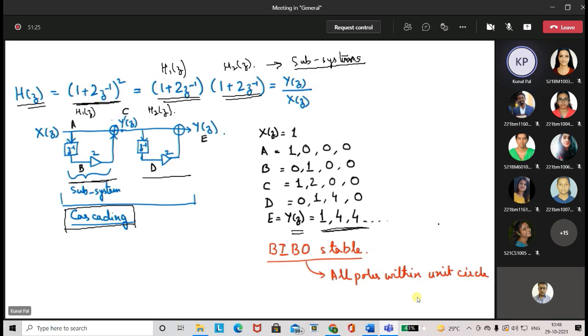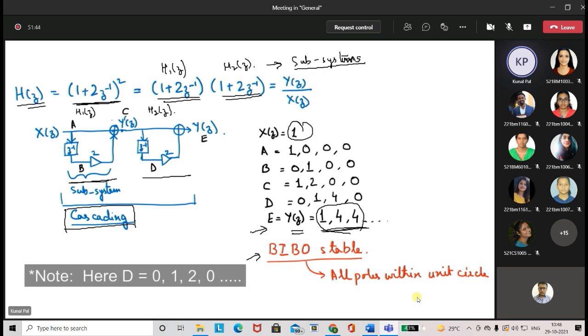Since we are having only a finite number of outputs, the system is regarded as BIBO stable, because we are given a bounded input and we also get a bounded output. So all FIR filters are bounded input, bounded output stable filters. This is only possible because all the poles lie within the unit circle.